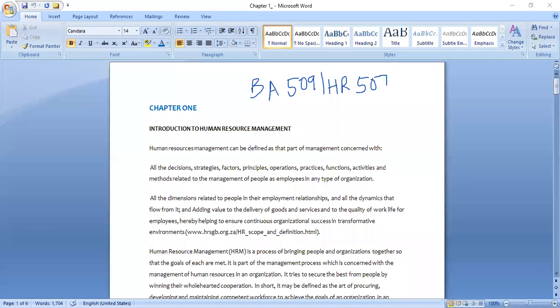So practically, when we talk about human resource management, it means we are dealing with people, isn't it? We are dealing with workers.